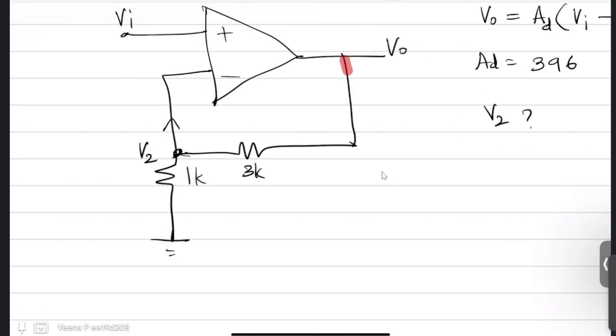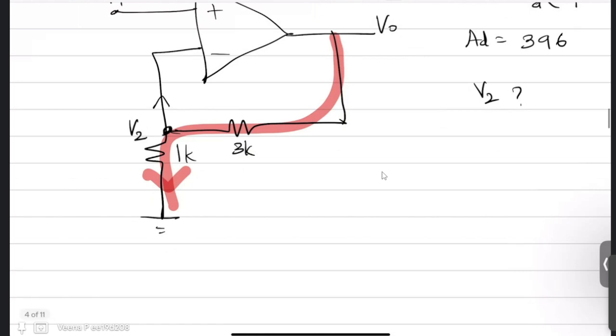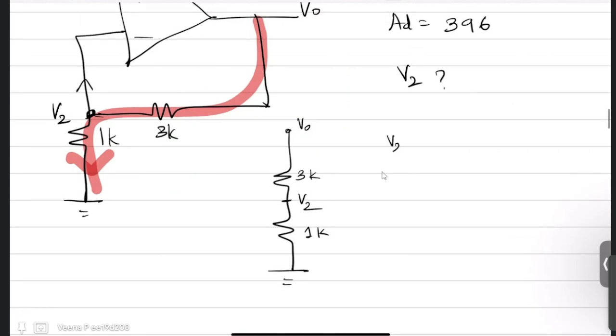That means this is the same current flowing, or you can apply your voltage division rule. So you have a branch, this potential is V2, this is V0, this is 3K and this is 1K. That means your V2 is V0 times 1K divided by (1K plus 3K), or your V2 is V0 by 4.